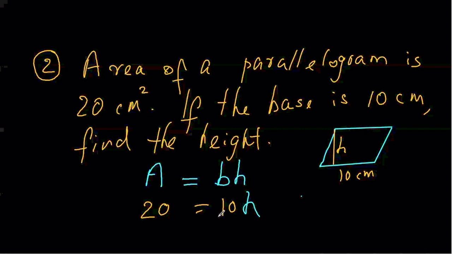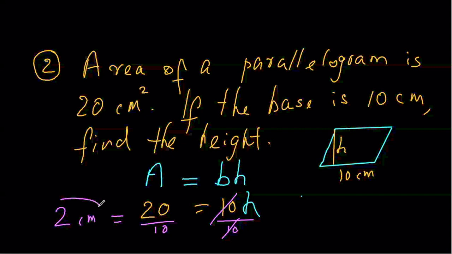So divide both sides by 10. So you can cross out these two, simplify this one. 20 divided by 10 is 2 centimeters. That's the answer.